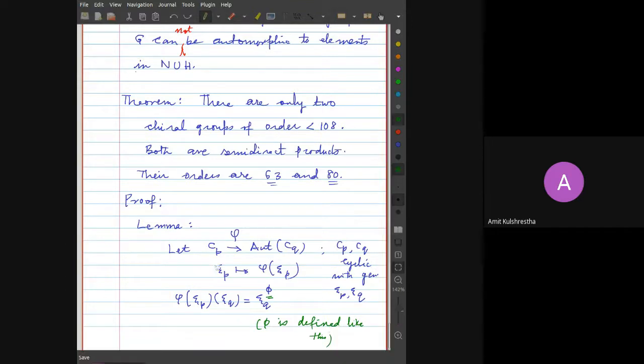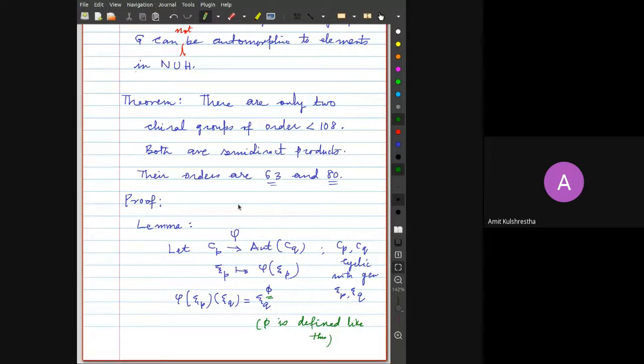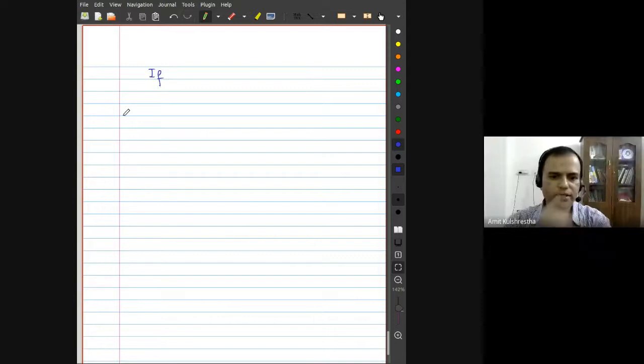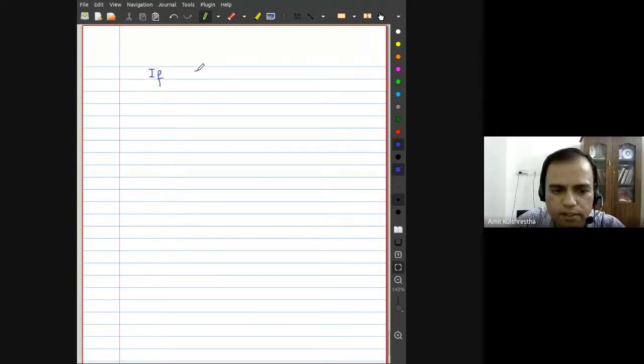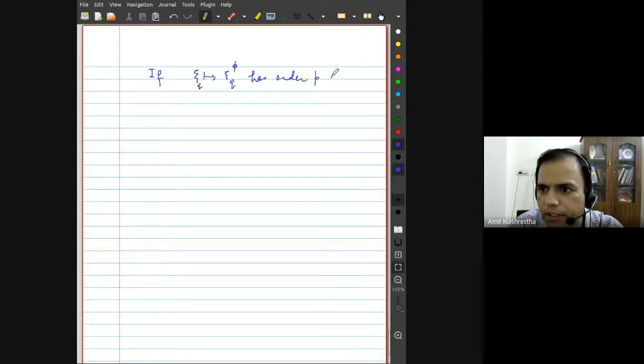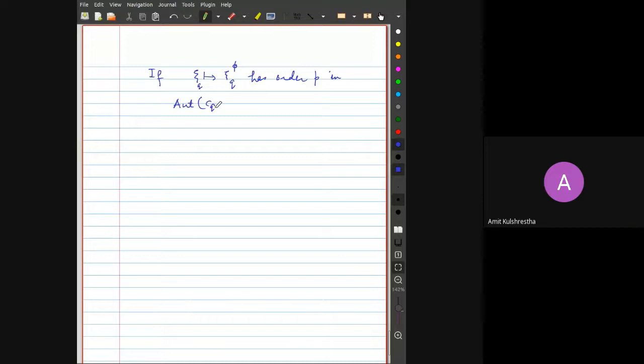And if the following things hold, if this thing, zeta_q going to zeta_q to the power phi, has order p in C_q.